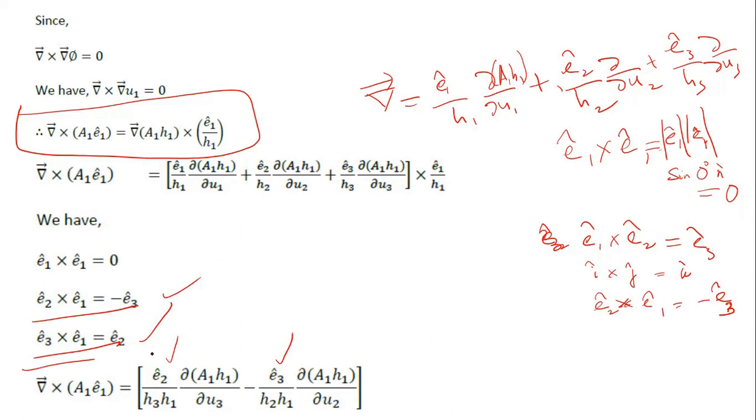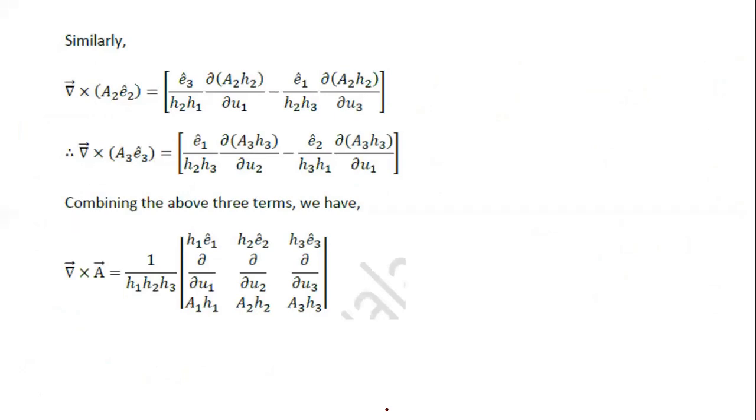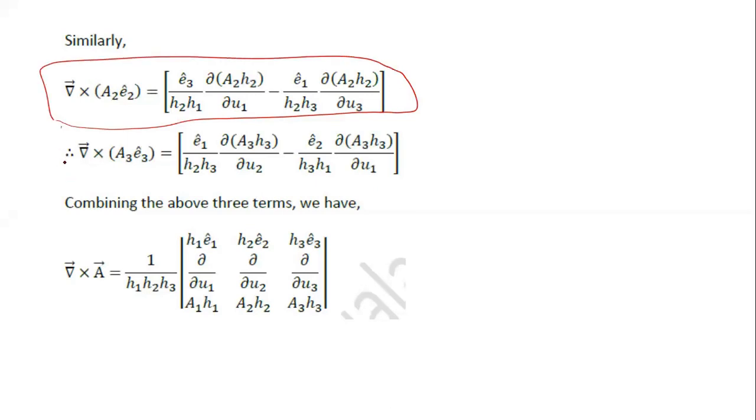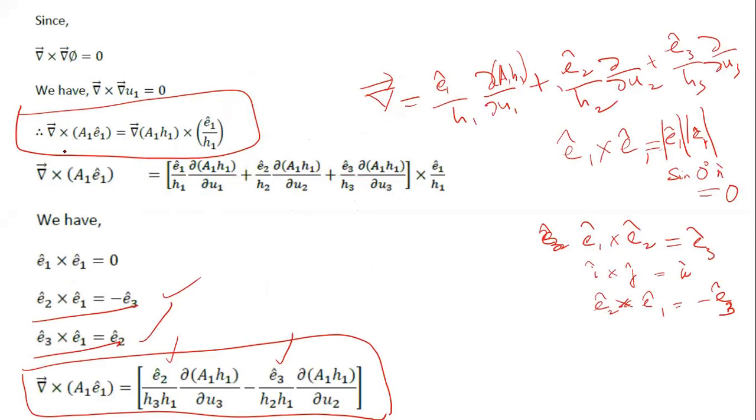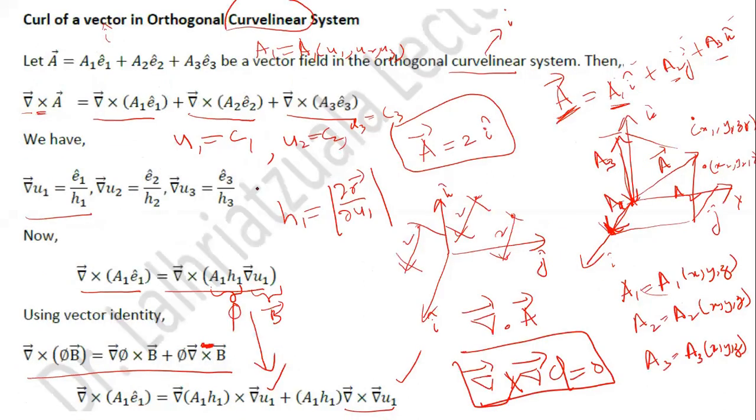This is your curl of a1 e1 cap. And similar to that, you can calculate your curl of a2 into e2 cap. You can also calculate your curl of a3 into e3 cap. So just like we obtained this expression, please follow the steps over here.